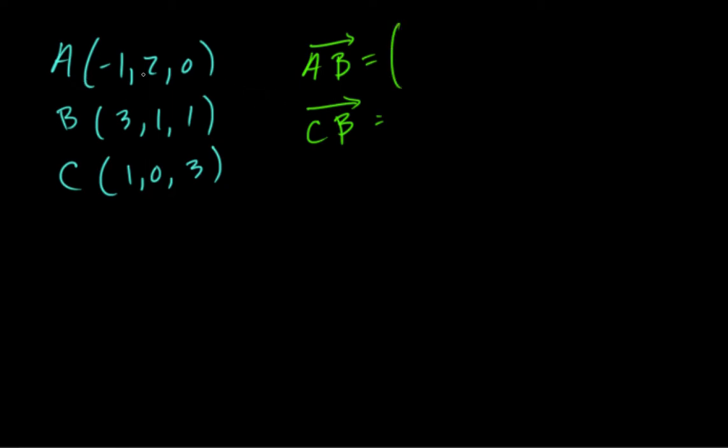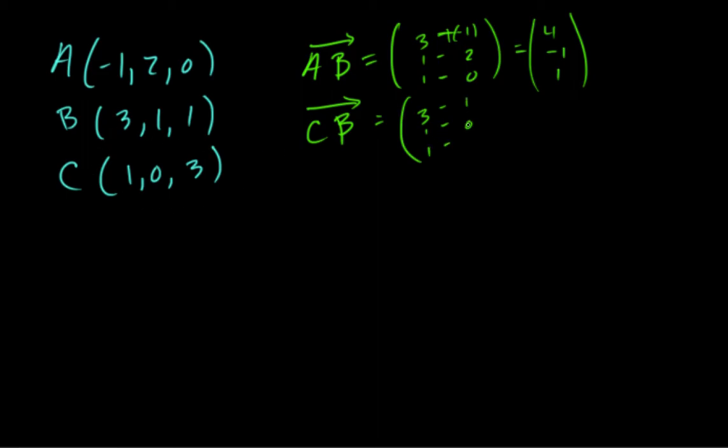B is 3, 1, 1. A is negative 1, 2, 0. So that's a plus sign, so that's 4, negative 1, 1. And 3, 1, 1 minus 1, 0, 3 gives 2, 1, negative 2.